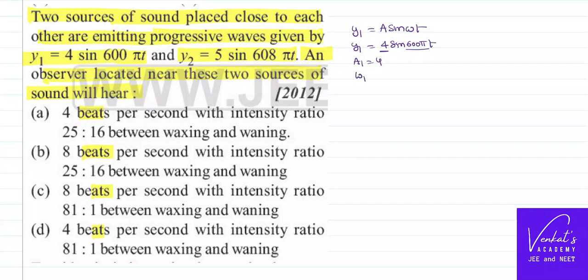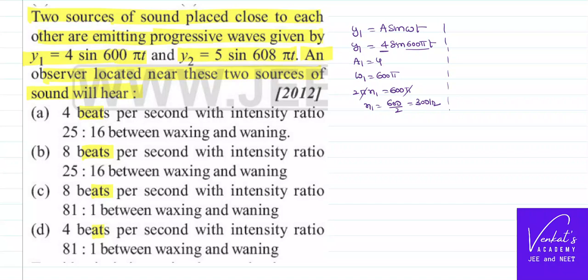In the place of omega 1, I have 600 pi. Omega can be written as 2 pi into n1, that is 600 pi. Pi can be cancelled. So n1 is 600 by 2, that is 300 Hz. So the frequency of the first one is 300 Hz.